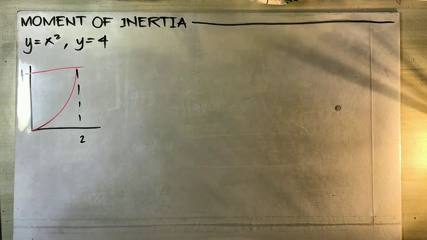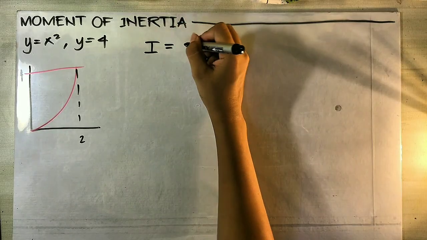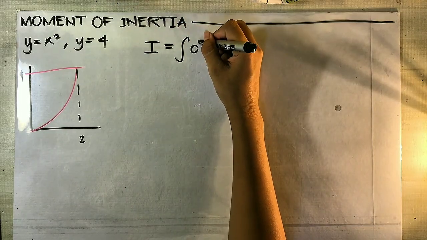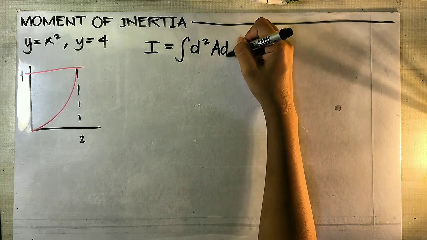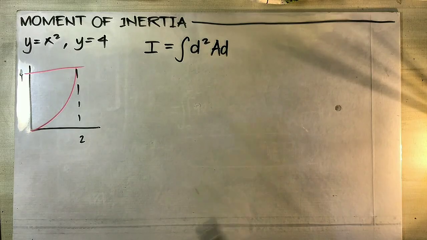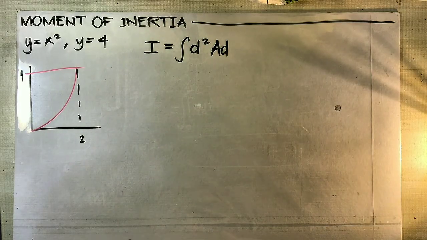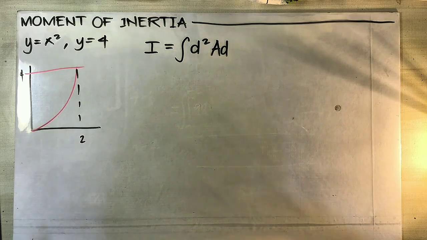So in moment of inertia, we have the formula. Inertia is equals to the integral of distance squared times the differential area. So why do we use the squared? Because the farther parts affect the rotations more.